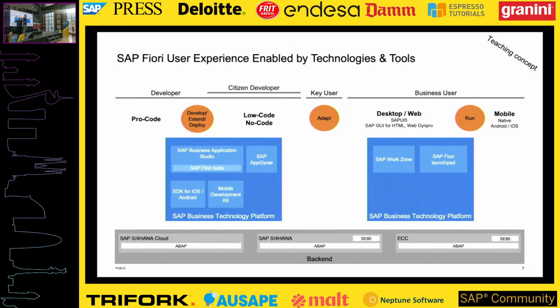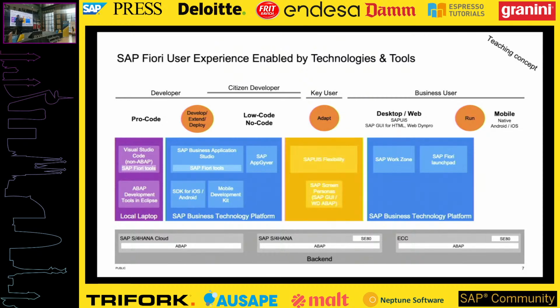And we're looking into details in a second. And we'll look into Business Application Studio, AppGyver, and native mobile technologies. And if you don't want to develop on cloud, but you're maybe a pro-code developer and you want to do it on your local machine, then there are offerings also in Visual Studio Code, for example, or the ABAP development tools in Eclipse, right? So this is the development side on the left.